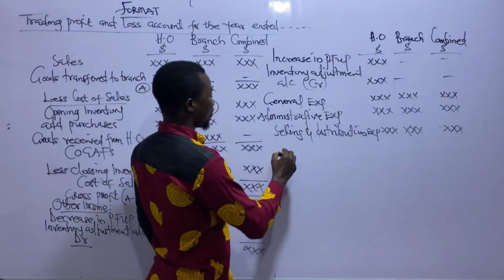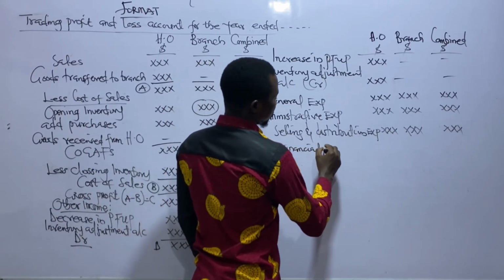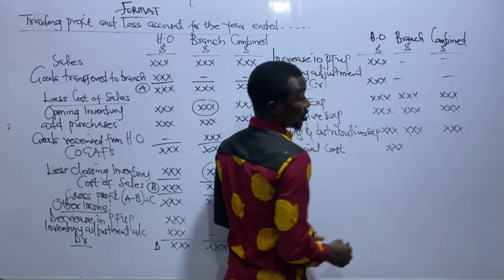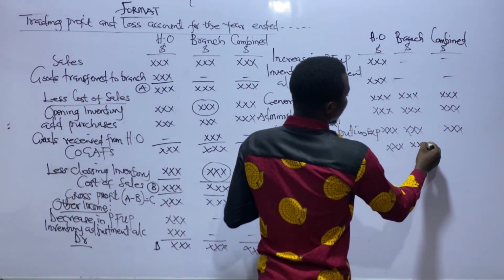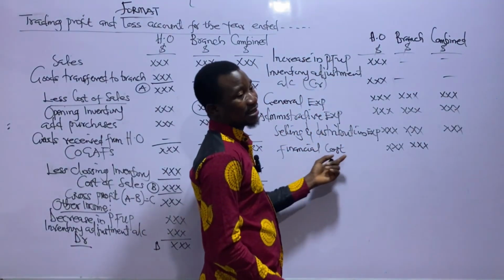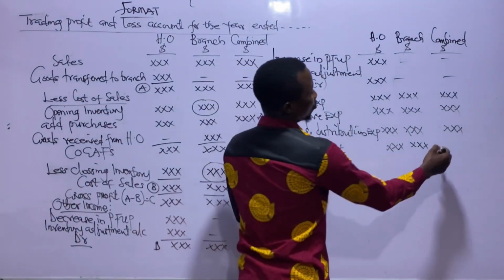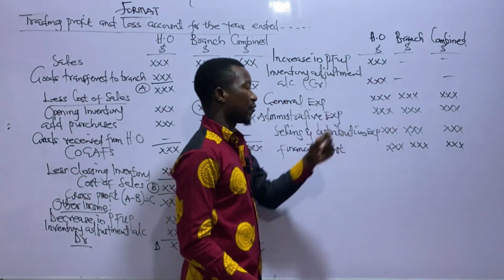Let's say we have finance cost or charge. This finance cost or charge could be, let's say, interest on loan and others. The head office could incur such an expense. The branch could have incurred the same expense. So that is why we record it under both branch and head office.